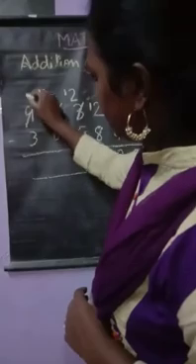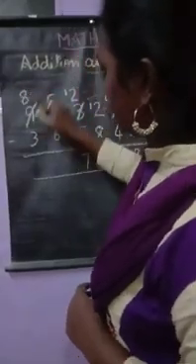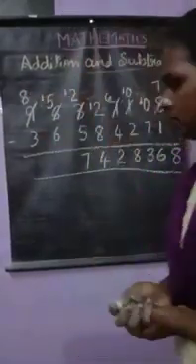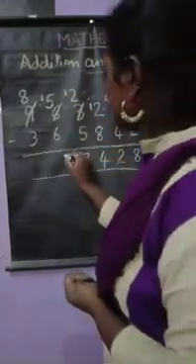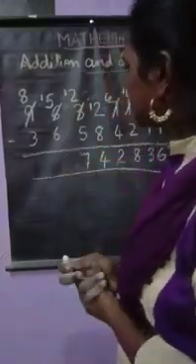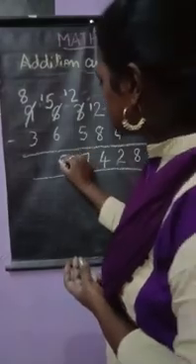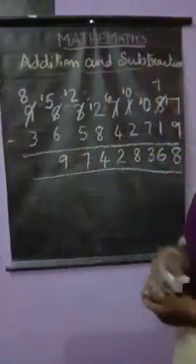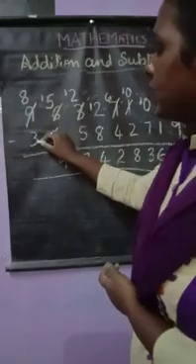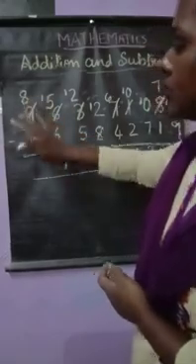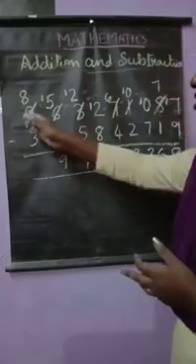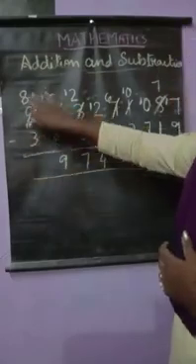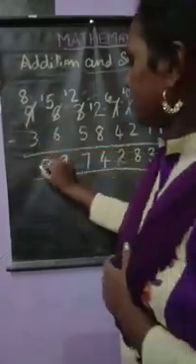So let's take a carry. 9 becomes 8, and 5 becomes 15. 15 minus 6 is 9. Now 8 minus 3. Here it won't be a smaller number than this number. So 8 minus 3 is 5.